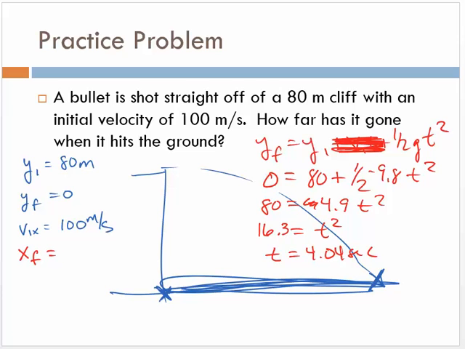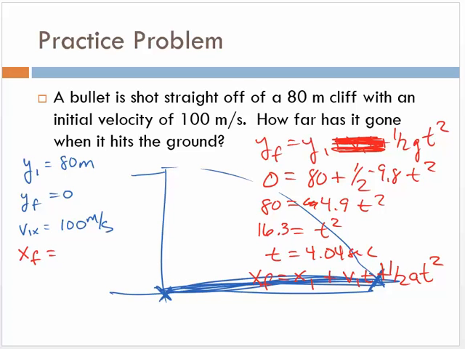I know that the time it took then to fall this far is 4.04 seconds. Again, the time it took to fall is the same amount of time it took to go the same distance. So I can go back into my equation, and again, I can say that xi is 0, so I don't need to worry about that. There is no acceleration in the x direction, so that goes away.